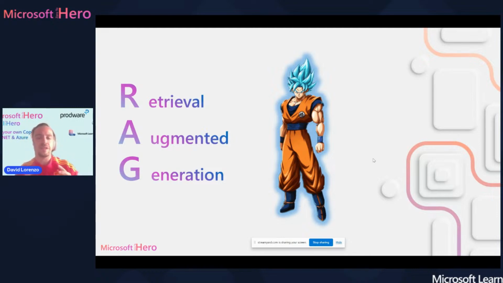You want your application to get only the documentation that your company has and query only that documentation. So this is what the RAG pattern allows you to do.